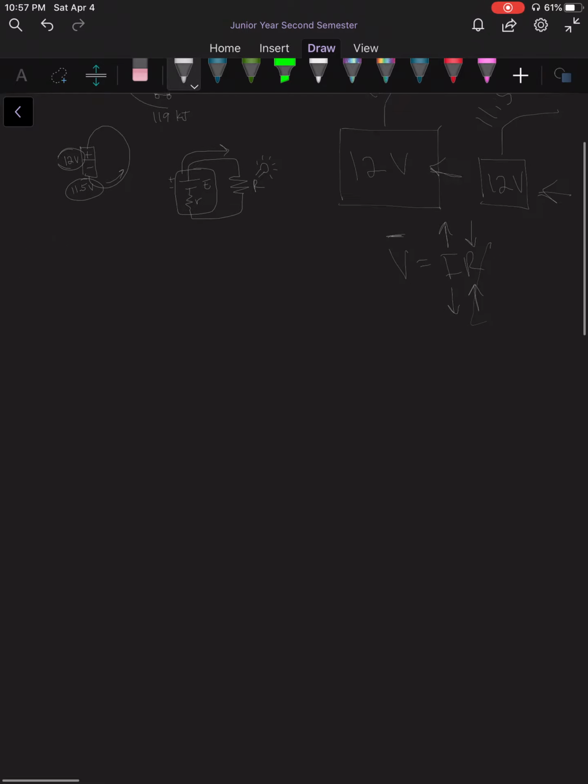So now, I said earlier that relating the two equations, we've got V equals EMF minus Ir. So this I is the current of the whole system. So let's say we've got our example here, our circuit diagram.